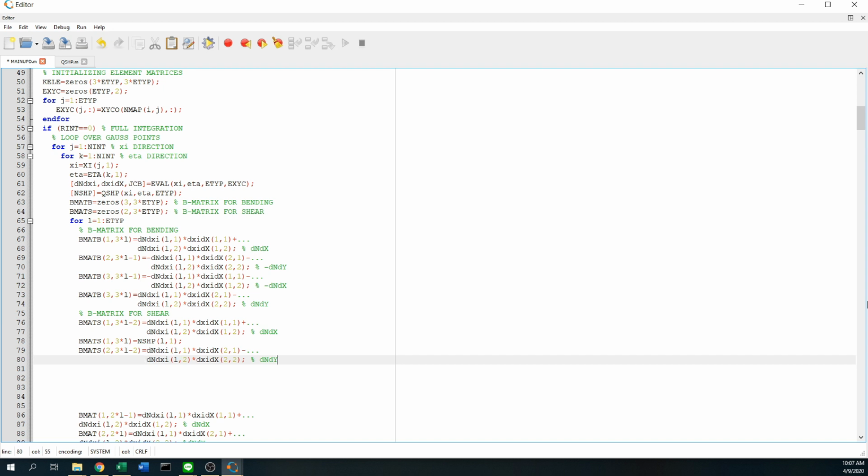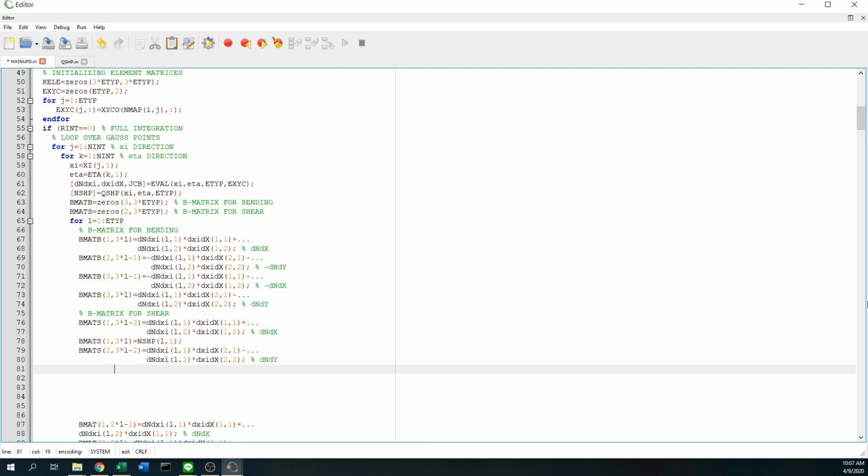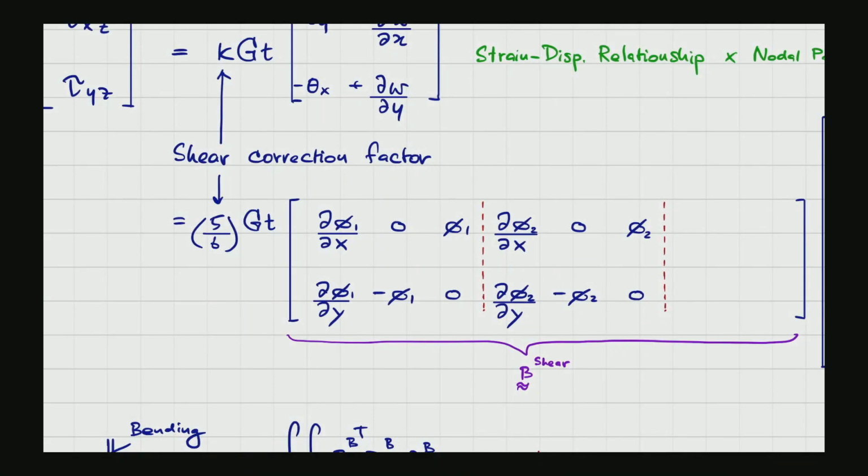And that's it. And B matrix at 2, 3 times L minus 1 equals 3 times L minus 1, which is from here. This one.